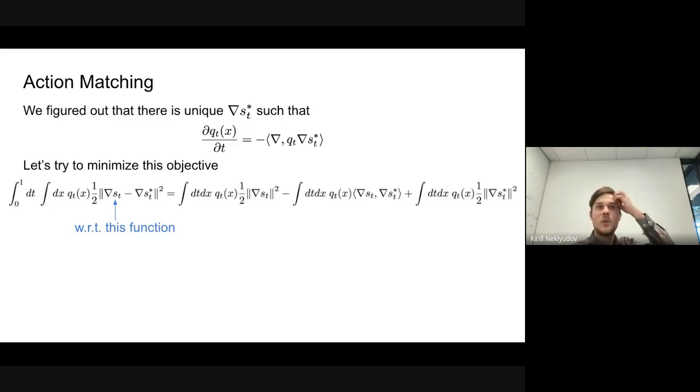So we'll just open the brackets, and since we minimize with respect to S, we'll clearly see that the last term, which doesn't depend on S anyhow, we can just get rid of it. And the first term depends on S, but it doesn't depend on nabla S star, so we don't have problems with it. So the problem we have here is this mixed term.